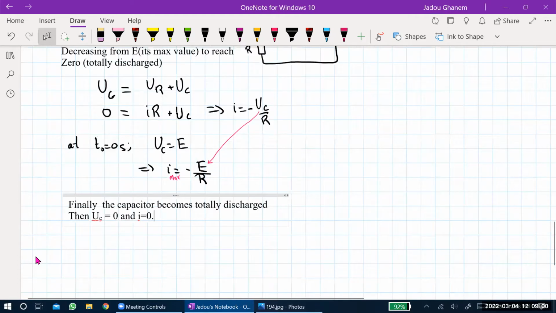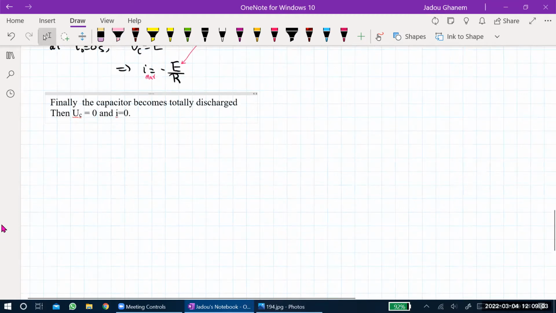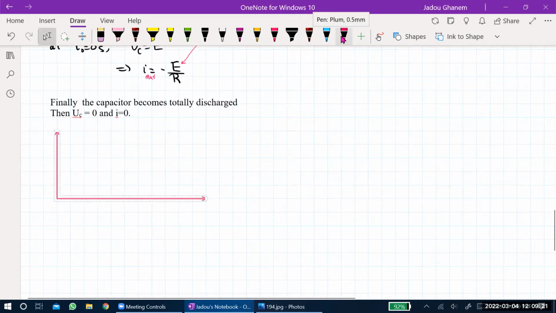And if we want to draw the same graphs, we can show it like the figure that I'm going to draw at this moment. So this is the voltage U in volts, and this is the time. And initially the capacitor is fully charged.